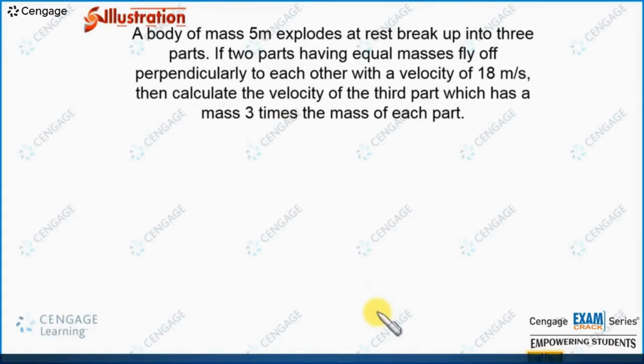That means the linear momentum of the system just before the explosion and just after the explosion should be conserved, right? Let the mass of each of the 2 parts be m, and the mass of the third part is 3 times the mass of each part. So the mass of the third part can be taken as 3m.